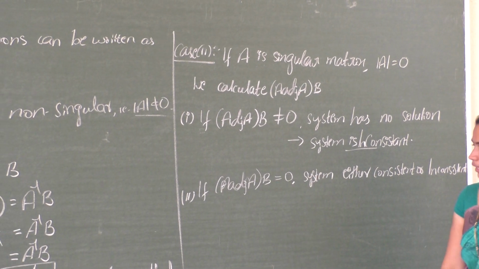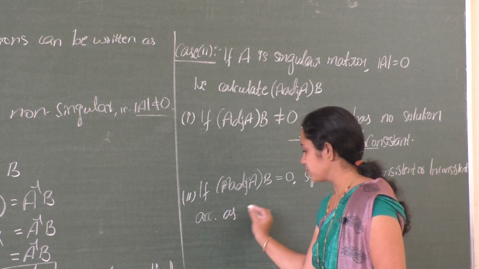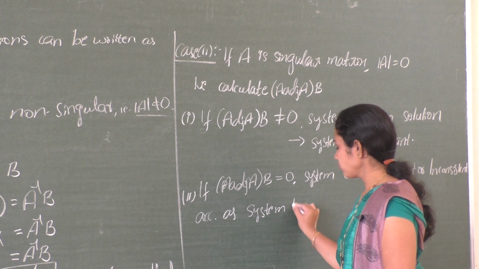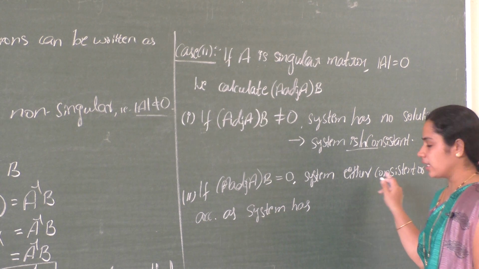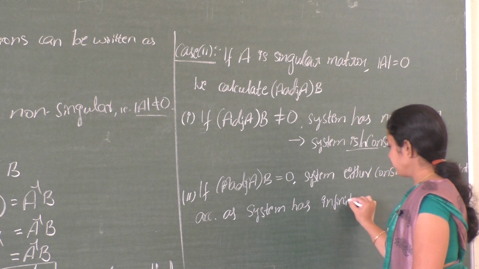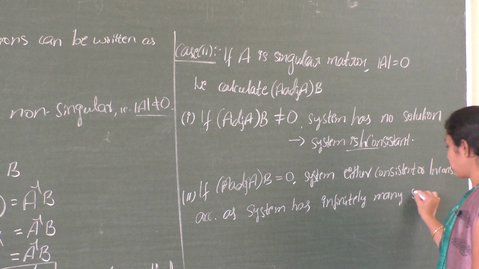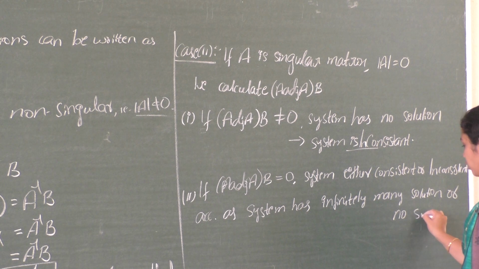System is either consistent or inconsistent according as the system has infinitely many solutions if it is consistent, or inconsistent means no solution.